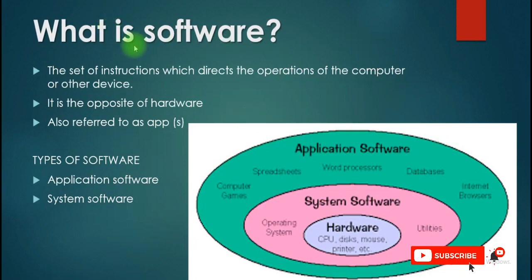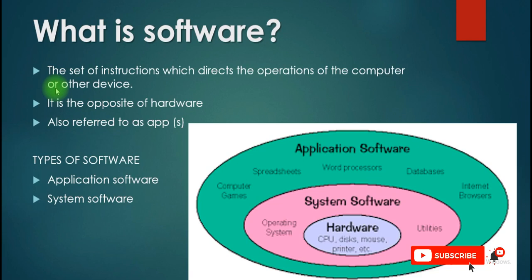Software, you may be wondering what that is. Software is the same thing that is popularly referred to nowadays as apps. Apps is just another name for software, and vice versa. These are the set of instructions which direct the operations of a computer or other device.